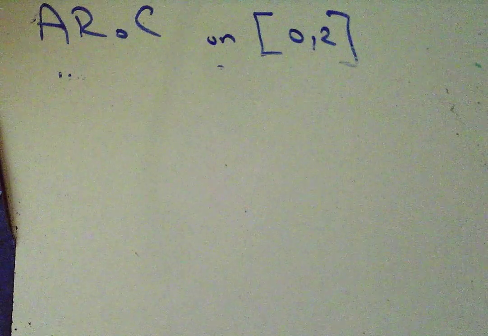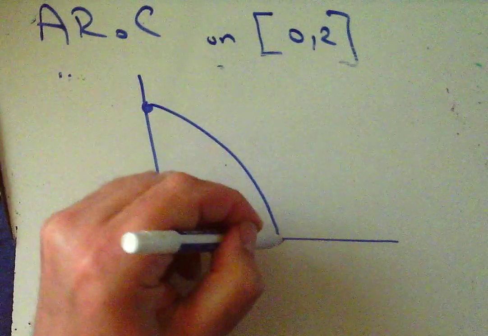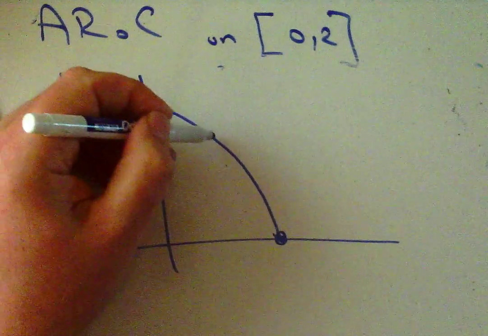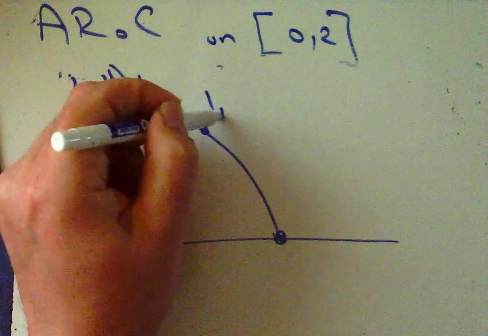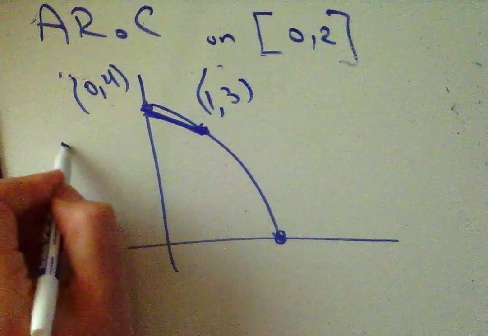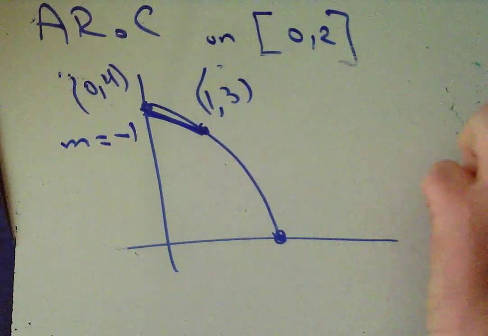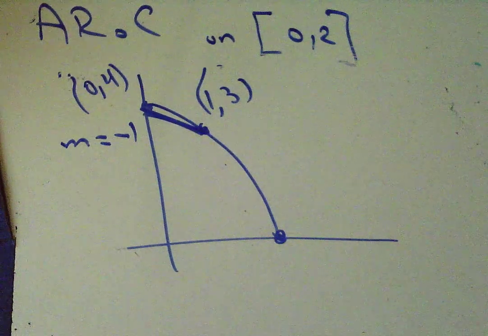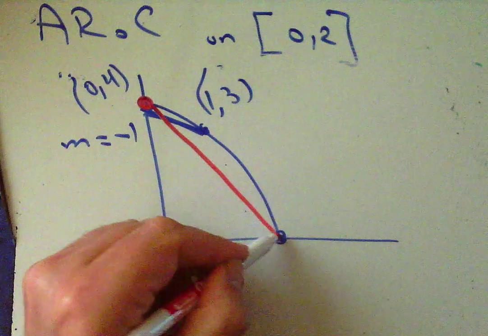Well, let's take a look at this graphically again. Here's our parabola, and we said we would have (0, 4) and (1, 3). And originally, we said that was a slope of -1. That means we went down 1 meter for every second we traveled. But now we're looking at the interval from 0 to 2.